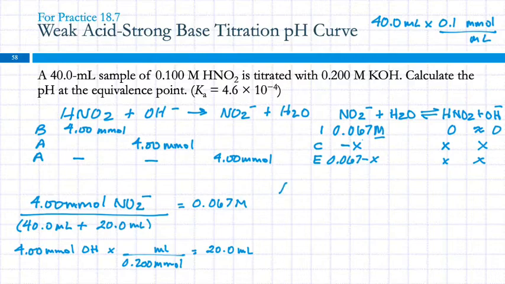And then, can I use Ka here? No, I have to use Kb. Kb is Kw divided by Ka. So 1 times 10 to the minus 14.